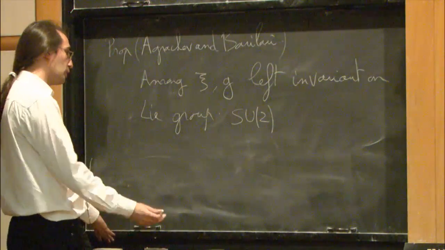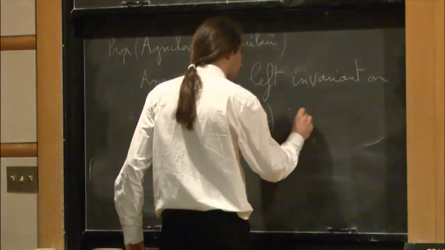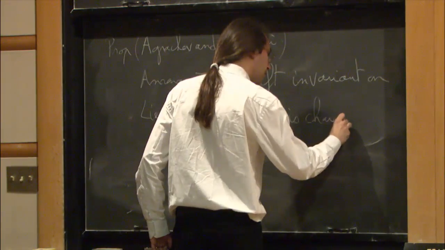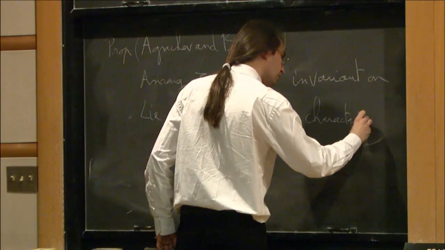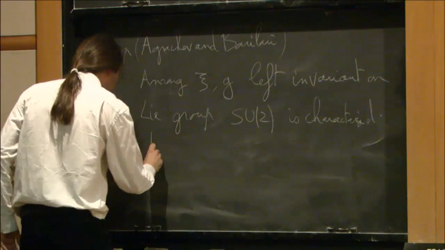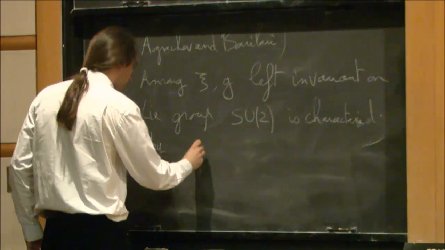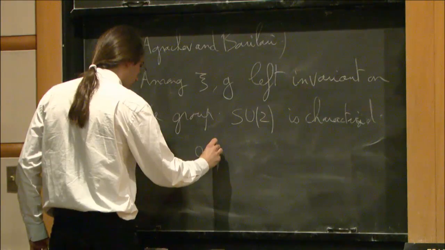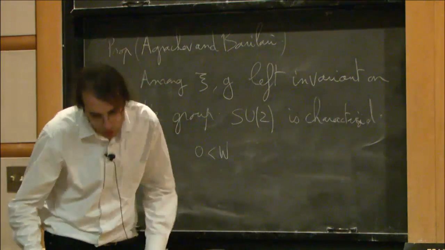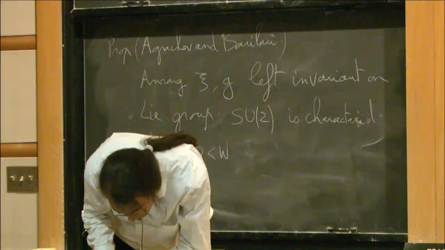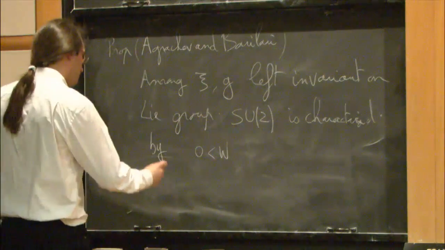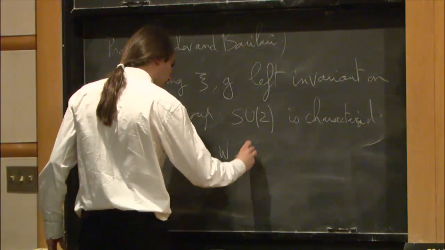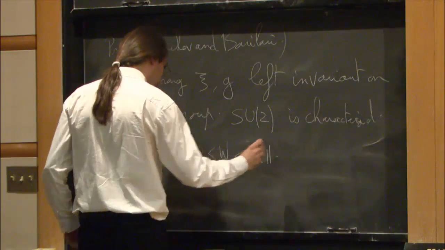So they are left invariant functions. So SU(2) is characterized by the inequality: W is positive and less than norm of tau, something like this.